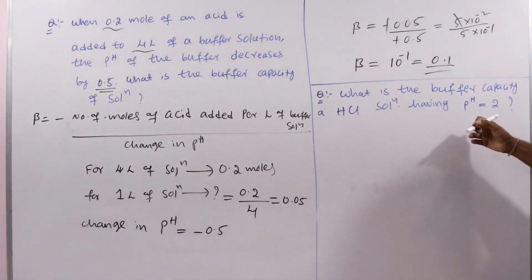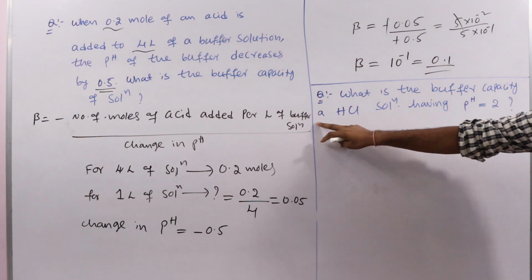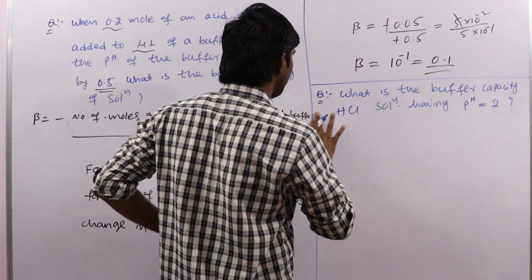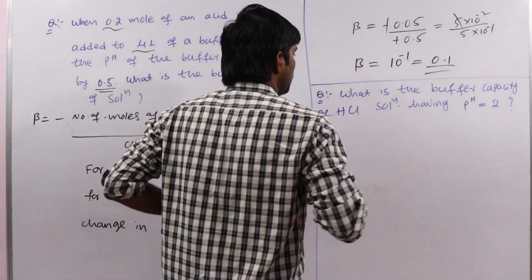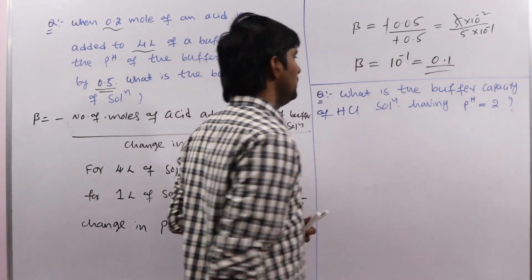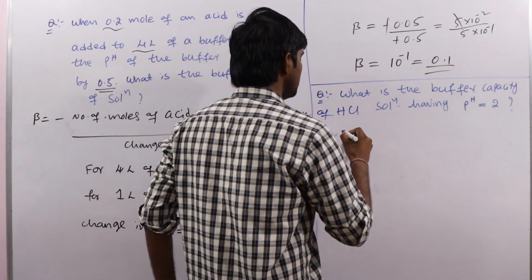Next problem: what is the buffer capacity of an HCl solution having pH equal to 2? For this type of problem we already discussed a formula.